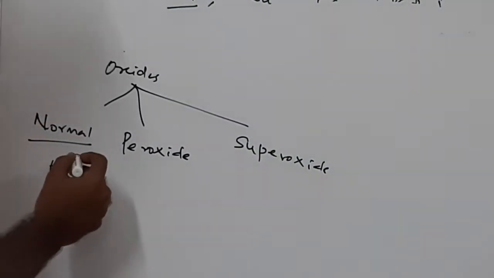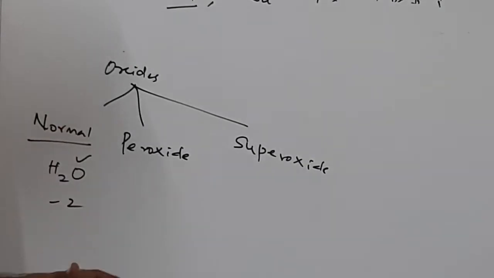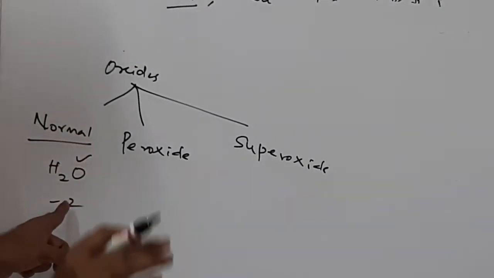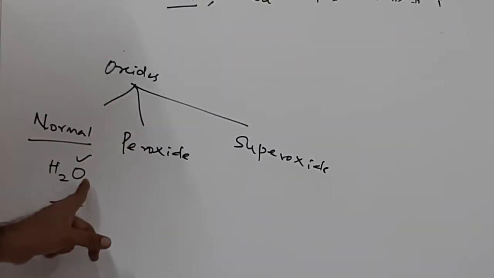Here oxidation number of oxygen is equal to -2. So in the normal cases the oxidation number is always equal to -2 னு சொல்றோம் for oxygen.